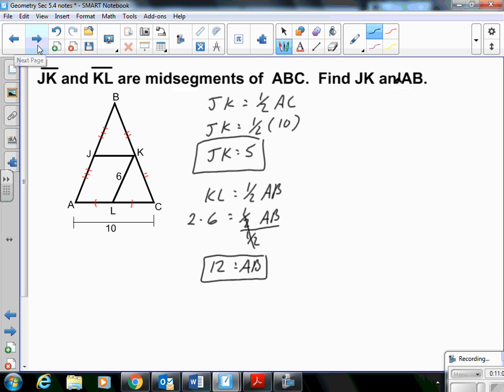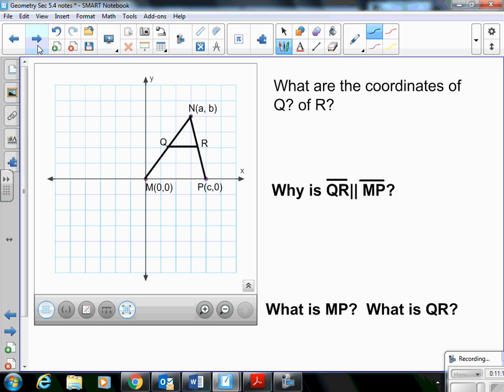Alright, so then the next thing here, it's a little more complicated. I know what the coordinates of Q and of R are in this picture, which I accidentally erased the marks on here because we need these so we know that Q and R are both midpoints of those two sides of that triangle.